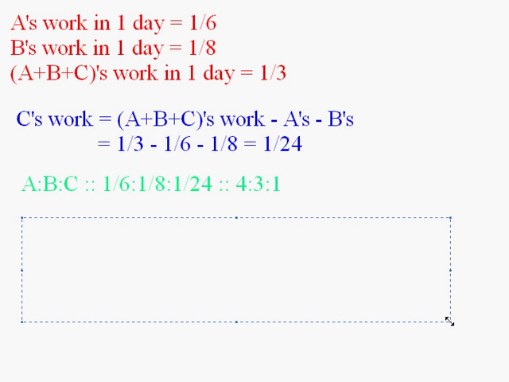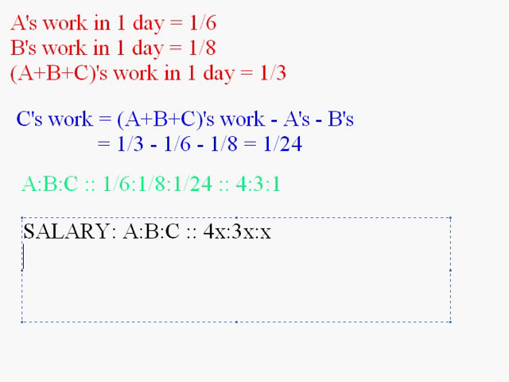So we can now write the salary ratio. If we consider x as the share, the salary ratio for A is to B is to C will become 4x is to 3x is to x.